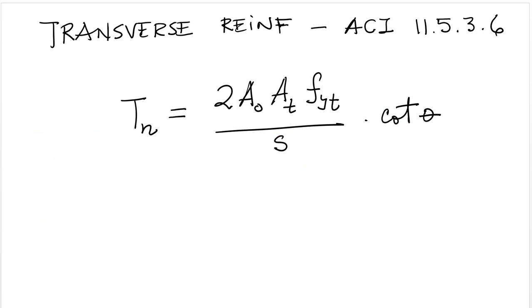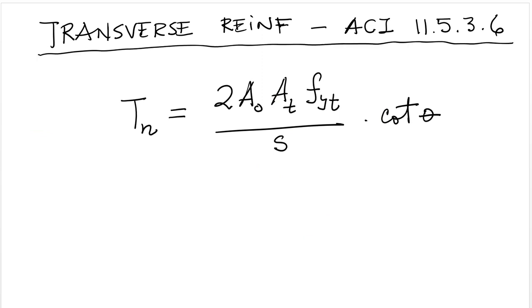For transverse reinforcement, ACI recommends in 11.5.3.6 an amount of transverse reinforcement that gives you a nominal torsion equal to 2 times A naught times At times Fyt divided by S, all of that multiplied by cotangent of theta.